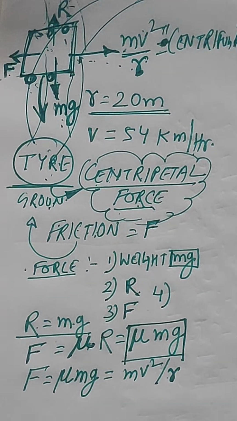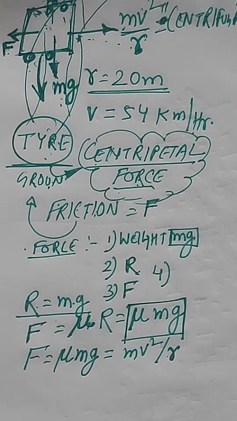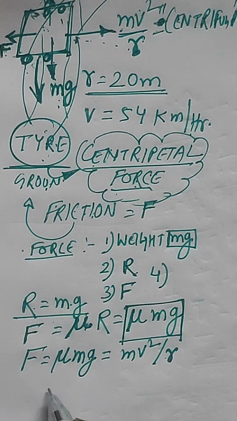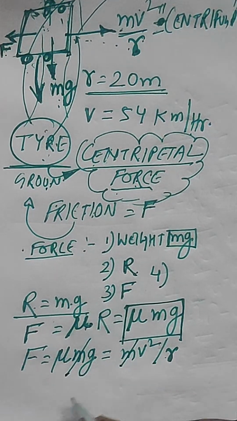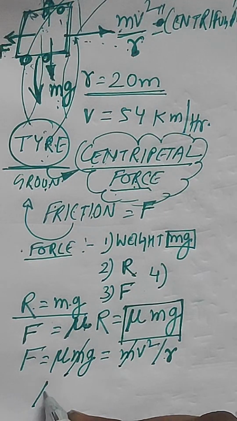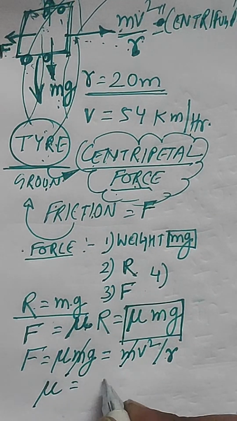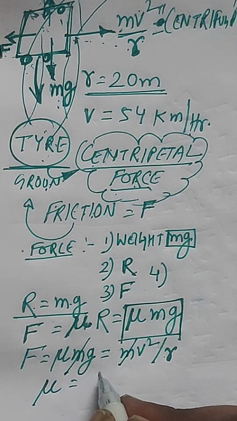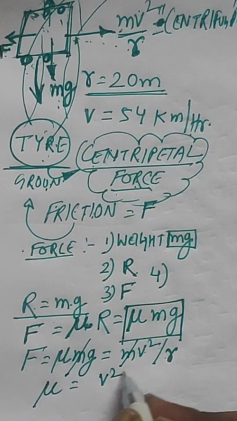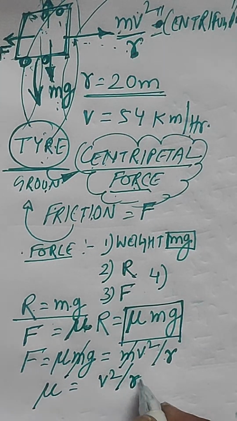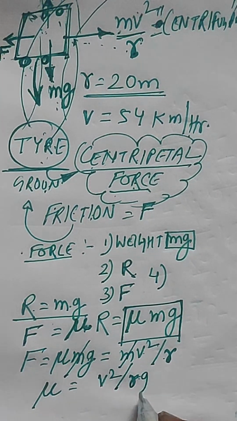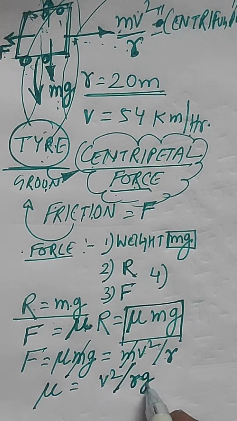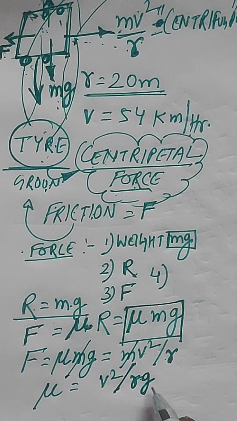Now you can see the value of mu: m and m will be cancelled, and the coefficient of friction is given by v square by r, and this g will also join r in the denominator. So v square by rg is the coefficient of friction, right?